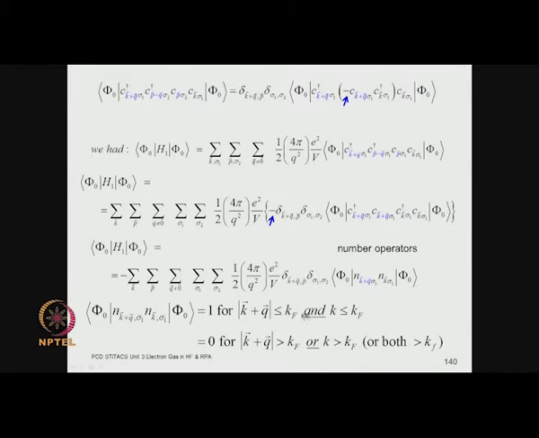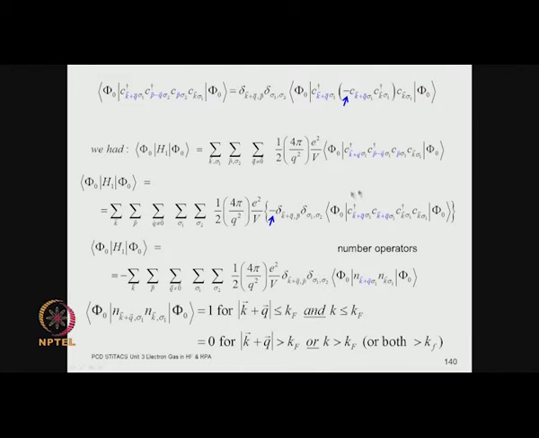So, one condition is that the magnitude of k plus q must be less than or equal to kF, and the second condition is that the magnitude of k must be less than the Fermi momentum in units of h cross, in which case this matrix element will be equal to 1, and if either of them is greater than the Fermi momentum, then this matrix element will go to 0, right.